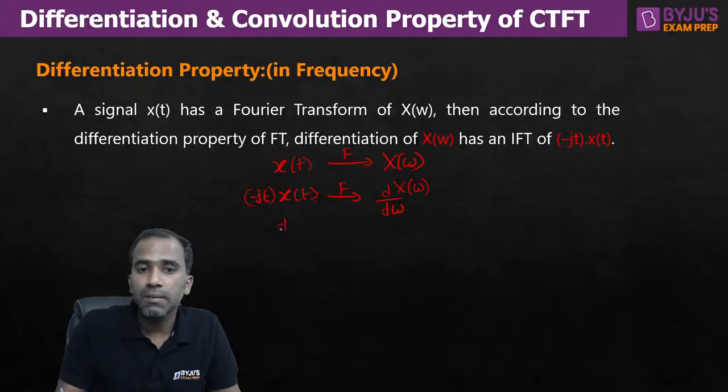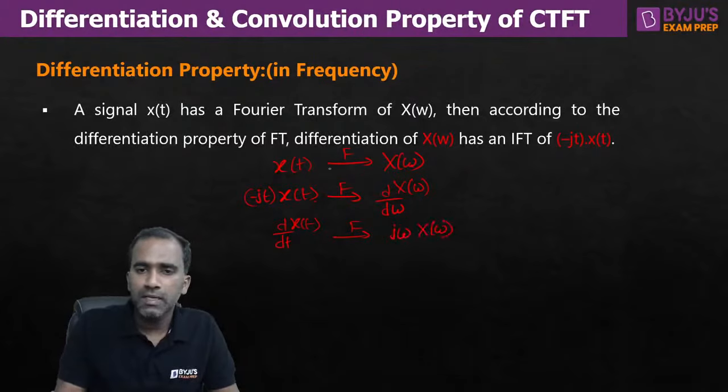I'll just write the time domain differentiation property also so that it will be easy to remember. If you do differentiation in time, what happens in frequency domain is multiplication with j omega. Whereas if you do differentiation in frequency domain, it is a similar thing. J is there, the variable in time domain is t, here the variable in frequency domain is omega. J and variable both are common.